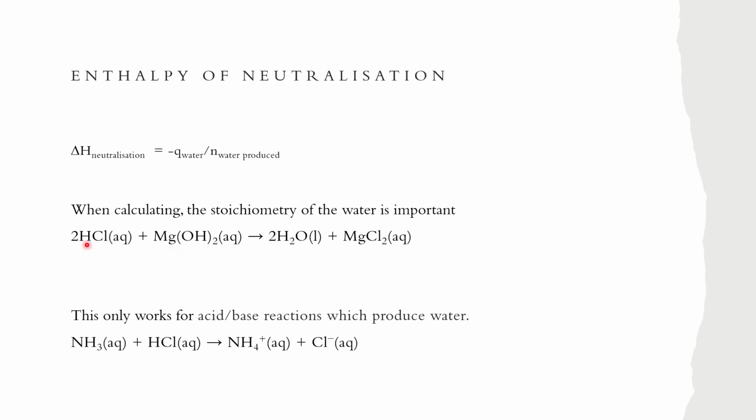Keep in mind as well that when we're doing enthalpy of neutralization, we are assuming that we are working in aqueous conditions where there is water being produced. Obviously, if there are acid-base reactions, neutralization reactions where that's not occurring, we don't see water produced. Those will be measured in a different way, but that's not really within the scope of the course.